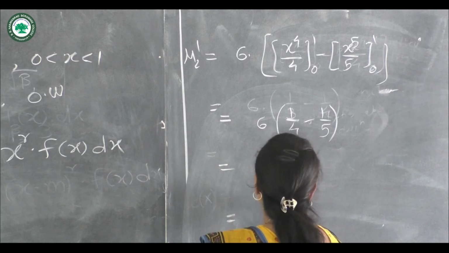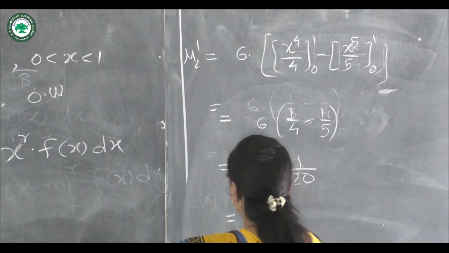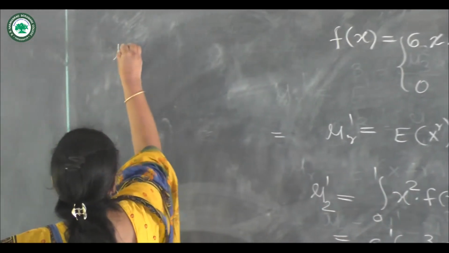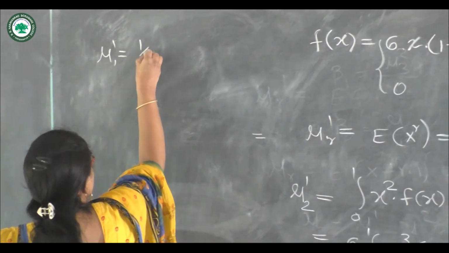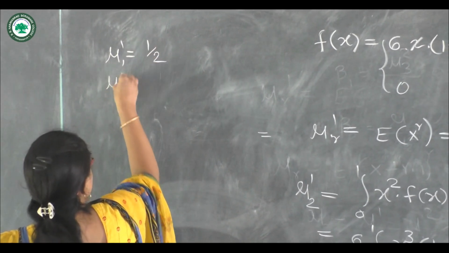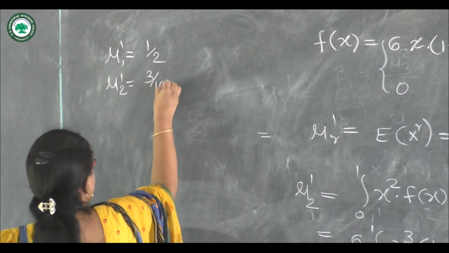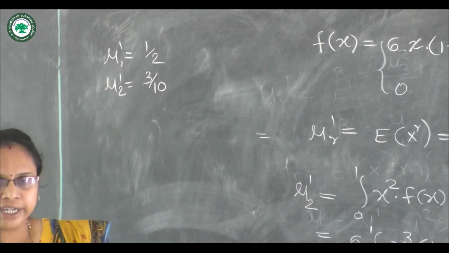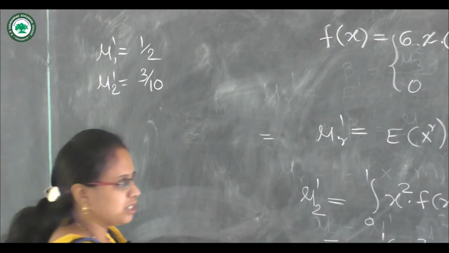Here mu 2 dash is 3 upon 10. In this way we have found mu 1 dash as half, mu 2 dash as 3 upon 10. Similarly, we will find mu 3 dash and mu 4 dash.